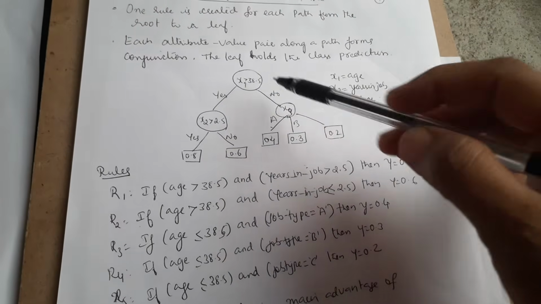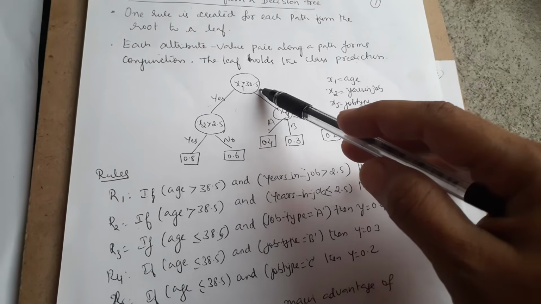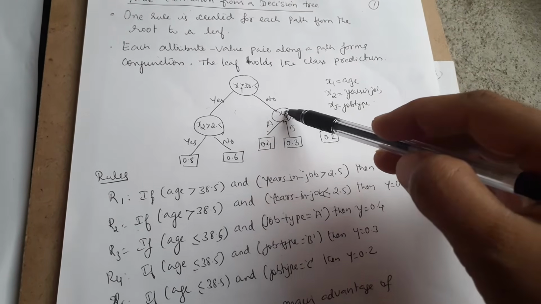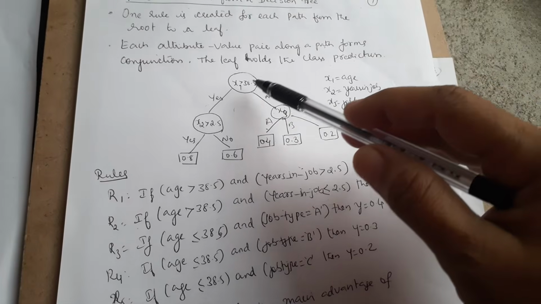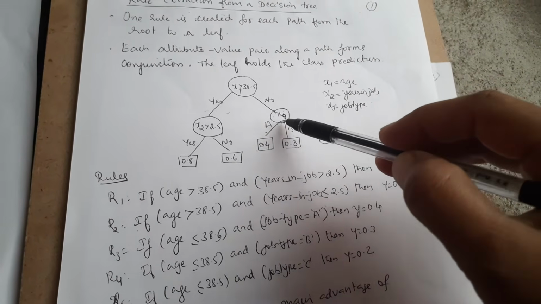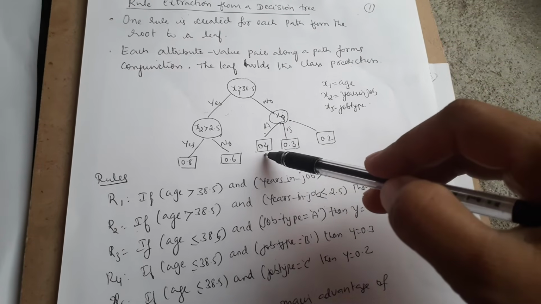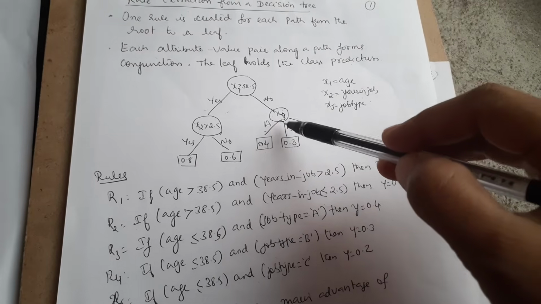Similarly, rule 3: if age is greater than 38.5 is false, it goes here. That is, age is less than 38.5 comes here. Then X3 is job type.